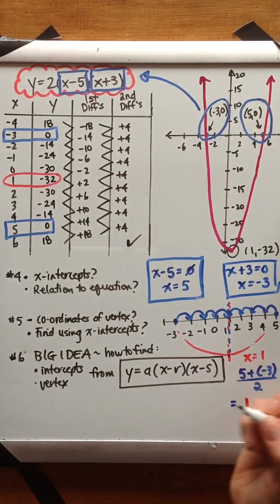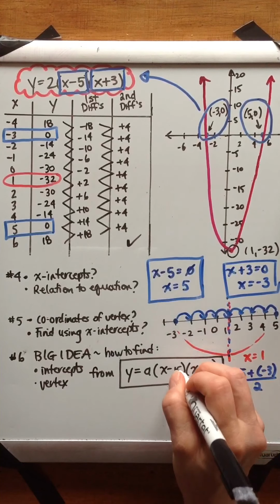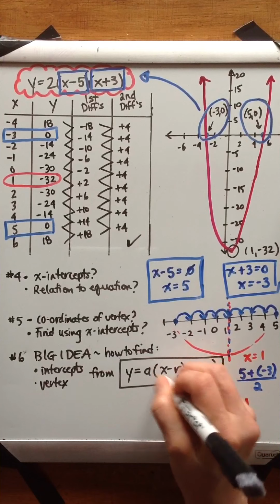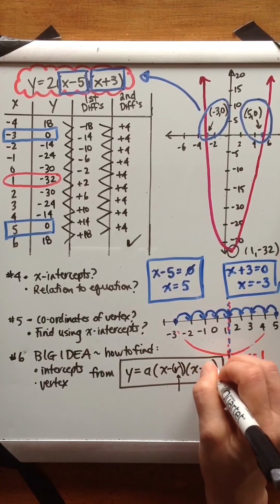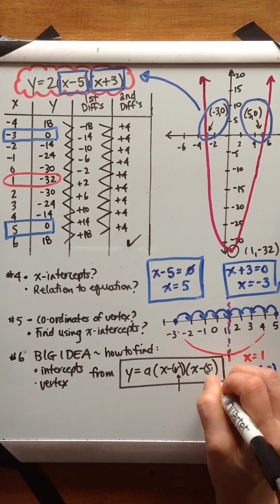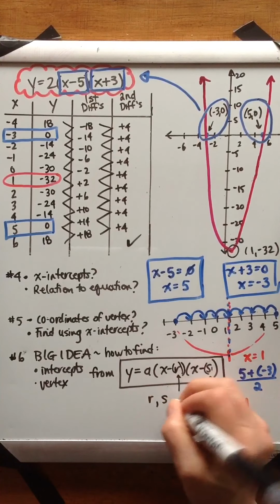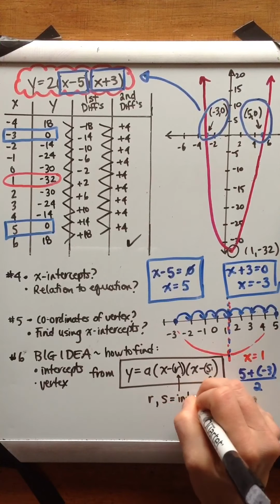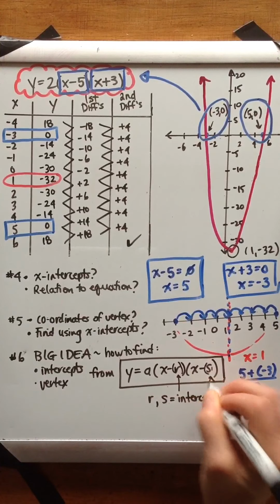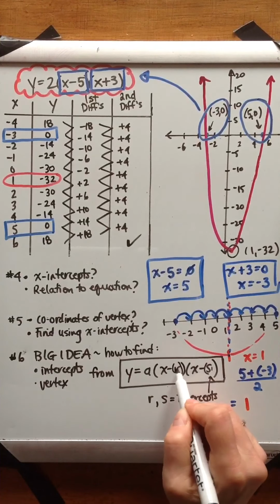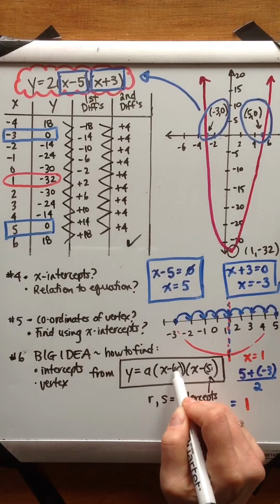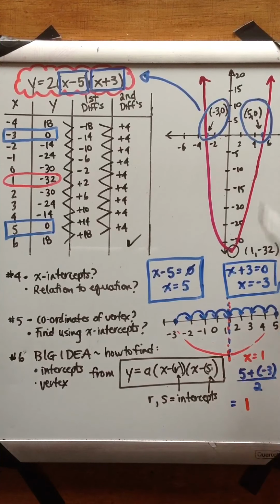Okay. So what we need to know is that the value of r, not what you see, but what it actually is, because there's a negative in front of it, r and s are the intercepts of that parabola. Okay, and again, not the sign you see in front, but the sign it truly is when you sub in. So another way of thinking of it is it's the opposite of what you see.